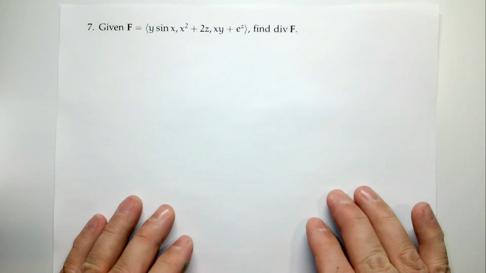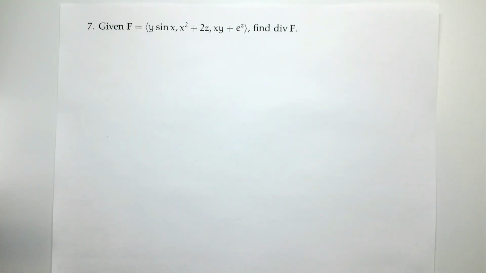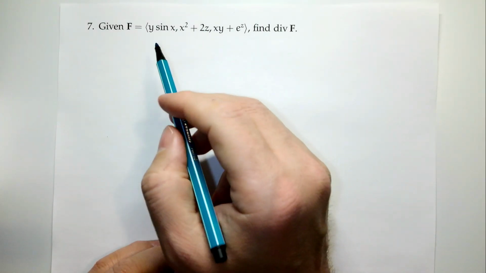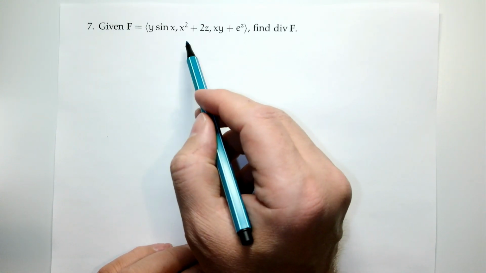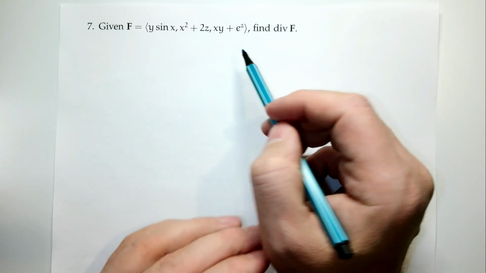Now, for something completely different. After the last couple of problems, and sort of anticipating the last two problems on this quiz, these are going to fill out a place. But that's because we're sort of starting a slightly different topic. So we have a vector-valued function, y sine x, x squared plus 2z, xy plus e to the z.